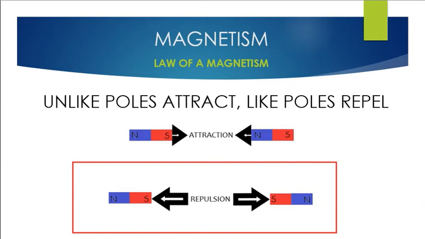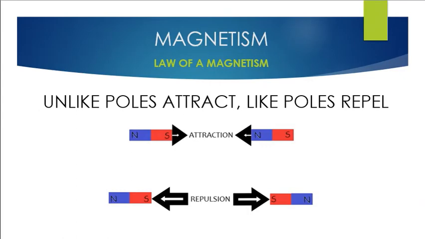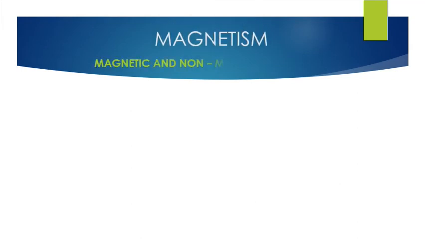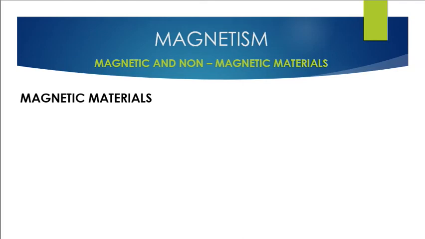With that said, now let's look at magnetic and non-magnetic materials, which we said will be looked at at the end of this lesson. Magnetic materials are very simple. These are materials that have the ability to be attracted by a magnet. So materials such as iron and ferromagnetic materials are magnetic materials.